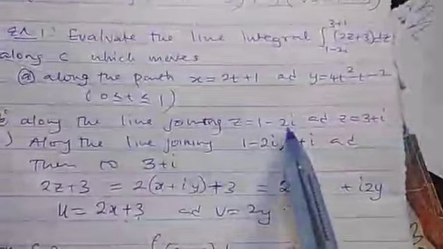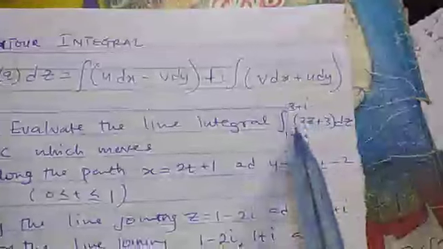For the second one, which is B, it says along the line joining this and this. We don't need to stress ourselves here, because since it is z directly, we can just integrate directly. We don't need to use the formula.